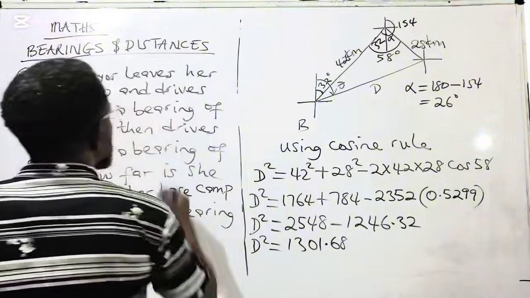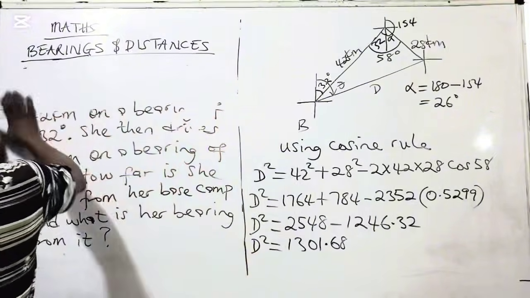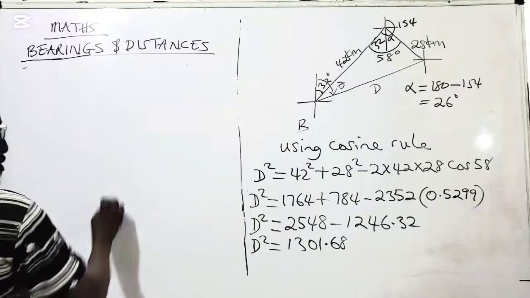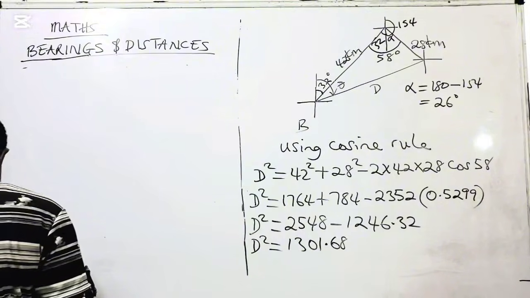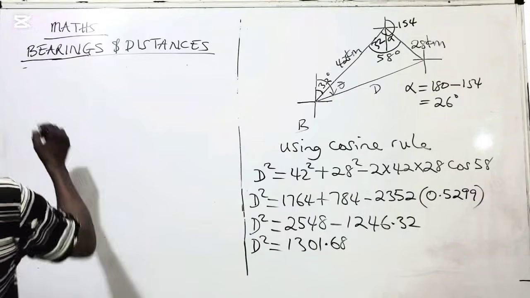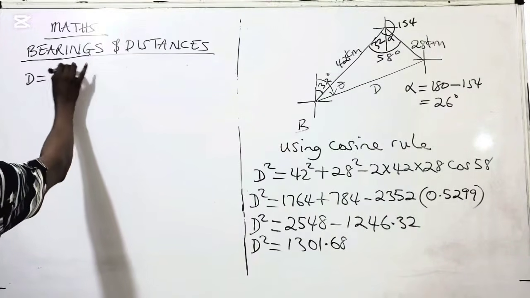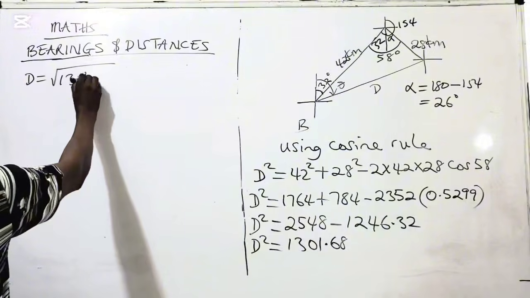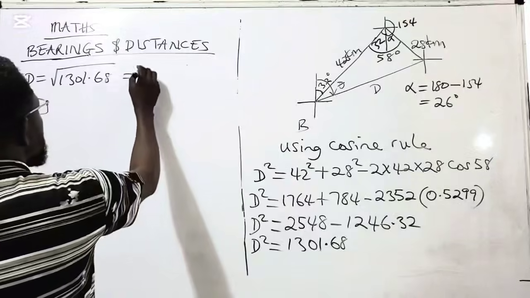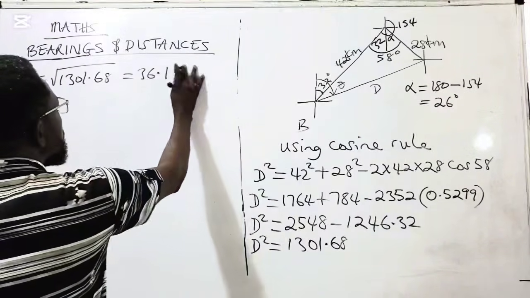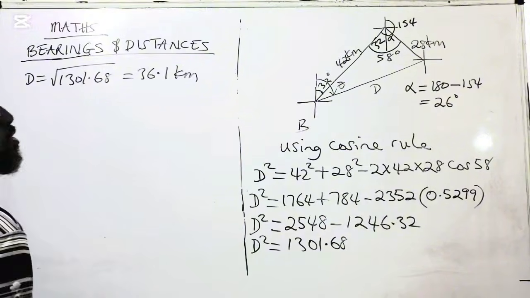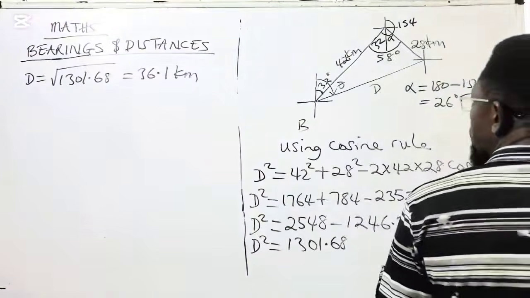So now to get the value of d, you take the square root. That will give 36.1 kilometers. So that's the distance from the base camp.